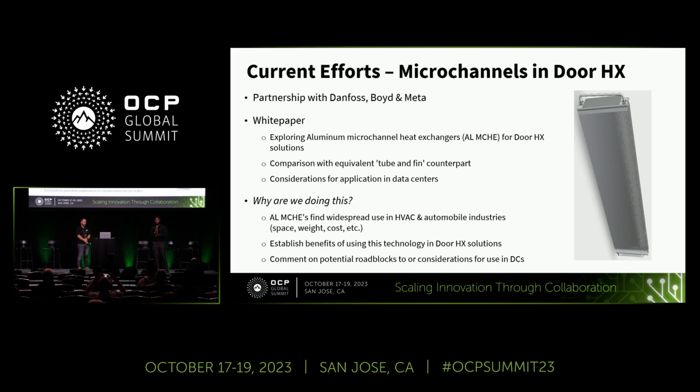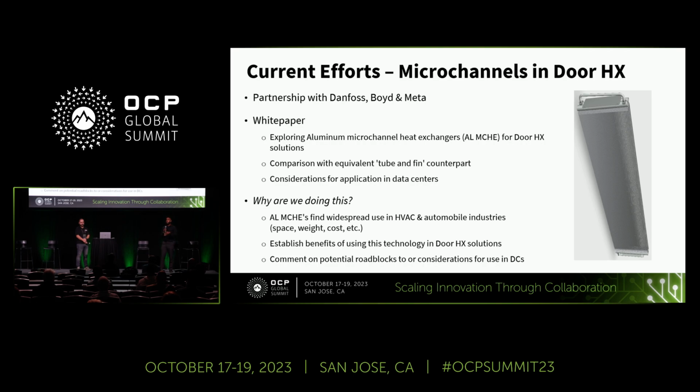But that white paper is going to explore how we can apply aluminum microchannel heat exchangers to door heat exchanger technologies. And the intention really is to get an answer to that question: how can we compare, apples to apples, the performance of a traditional fin and tube copper heat exchanger with a microchannel, and how that can specifically apply to door heat exchangers.